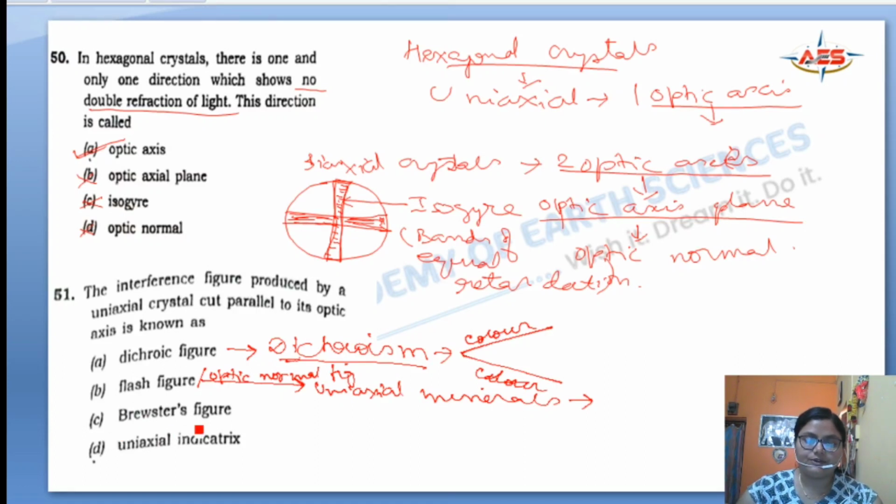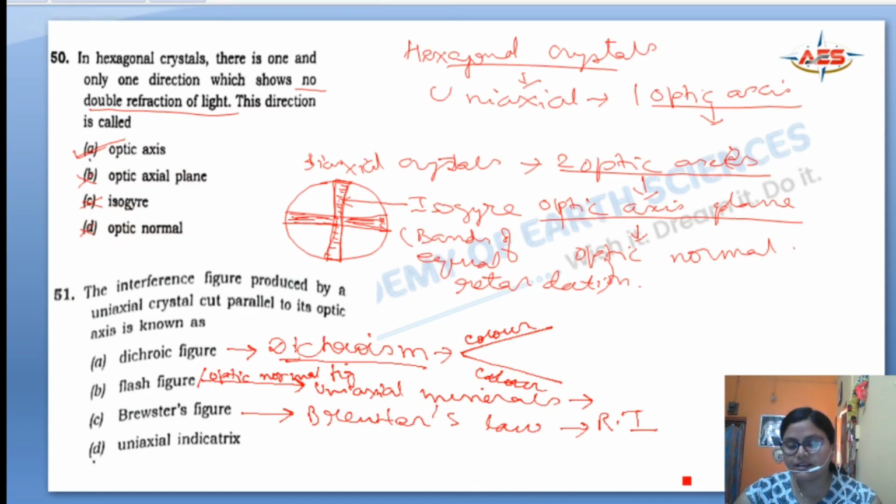Now, in the case of Brewster's figure, there is Brewster's law, which gives us that the refractive index of an unpolarized light of known wavelength can be determined. The refractive index of an unpolarized light can be determined when its wavelength is known, which is Brewster's law.